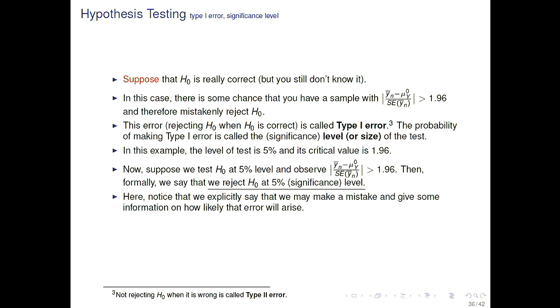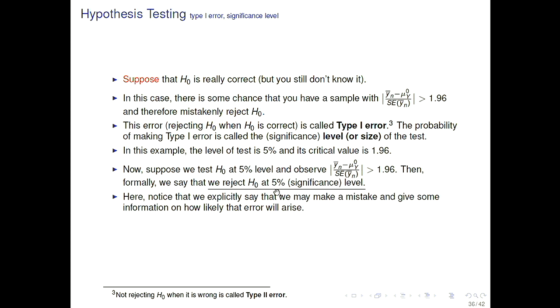Every day our life is full of decision making. As an econometrician or statistician, this is a very important decision. Based on our sample evidence, we make this decision. We reject the null hypothesis. But because we are scientists, we have to admit that this decision is subject to some possible error, and that error arises 5% of the time. So we have to admit that this decision can be wrong.